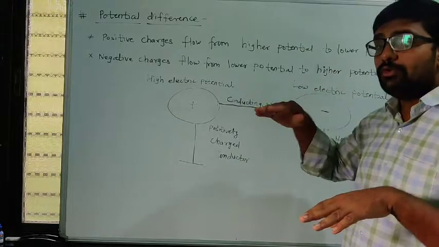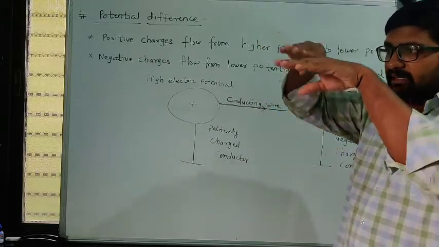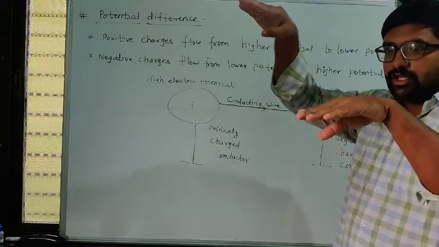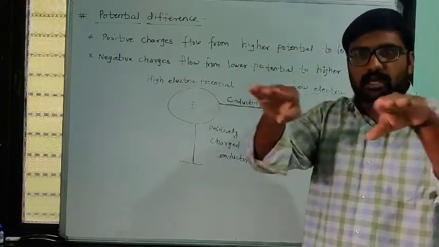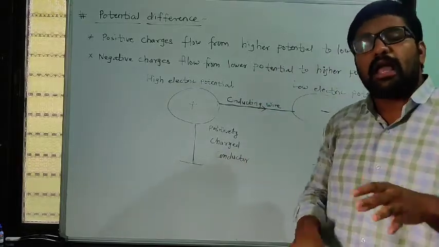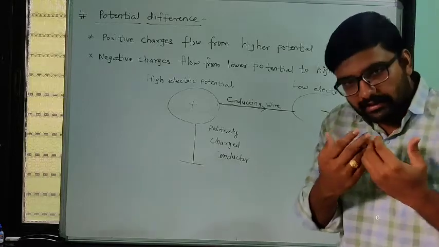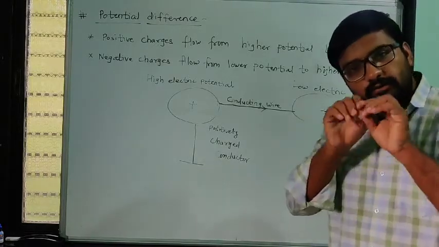Okay, so due to that what happened? Charges flow, and as charges flow, this potential difference changes and becomes equal after some time. And when this potential difference becomes equal, from that instant what happened? The flow of charges stops.